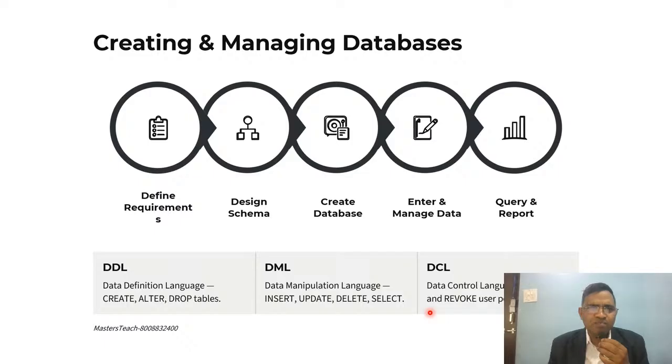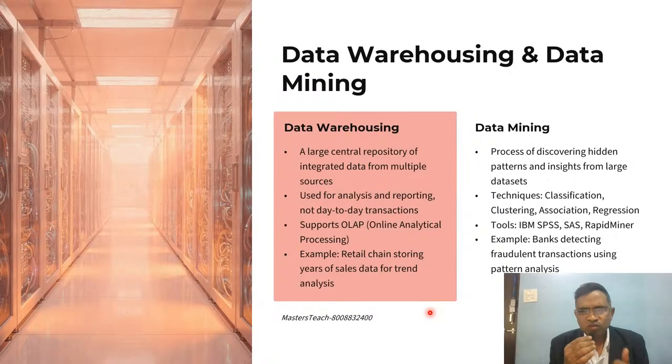Then data warehouses, where you save the data. Data mining means you extract it. A data warehouse is where large amounts of central information are stored, analyzed, and used for online analytical processing, for example a retail chain storing information for a longer period.